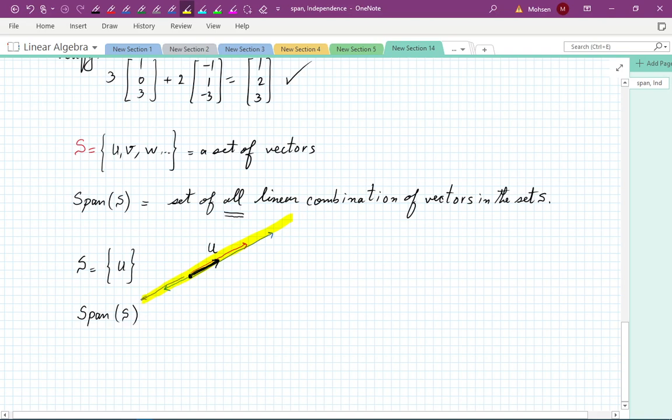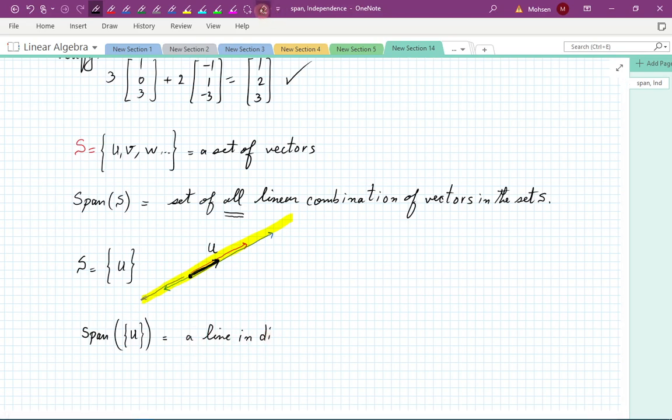Span of set A. So let's write it, span of one single vector u, the line in direction of u.